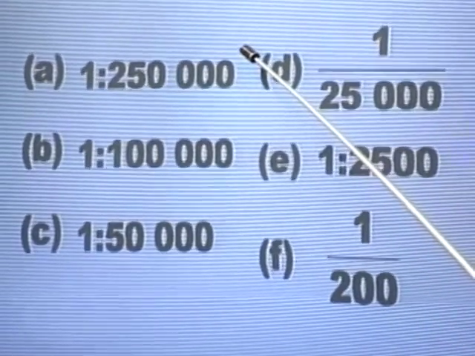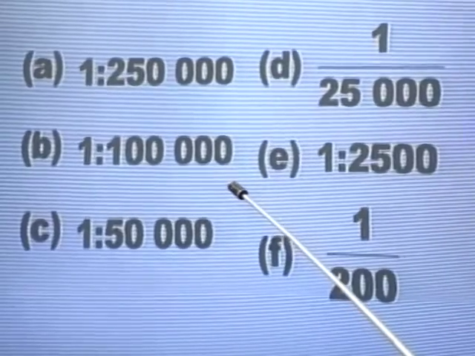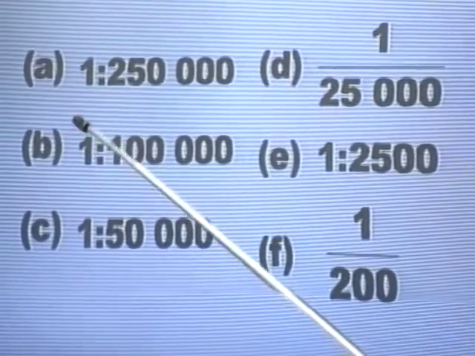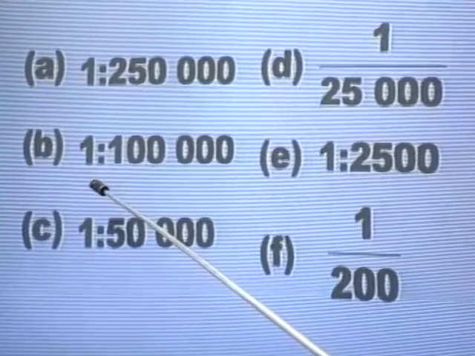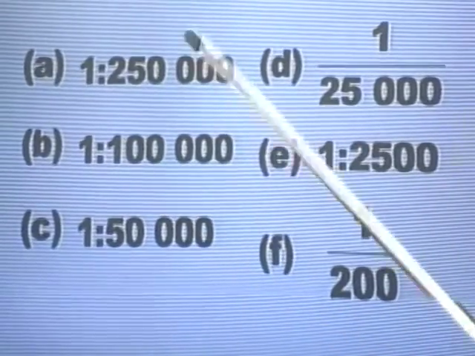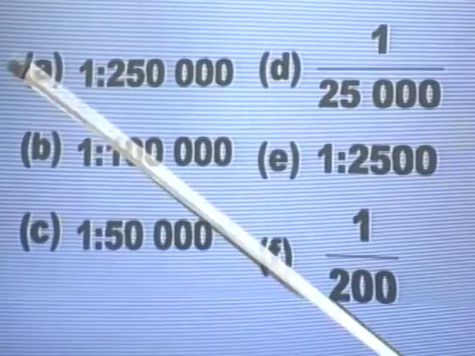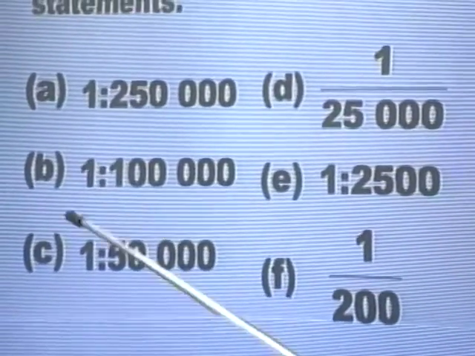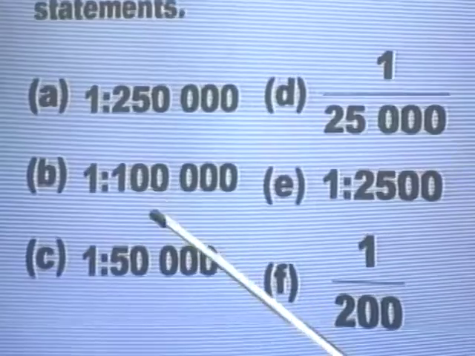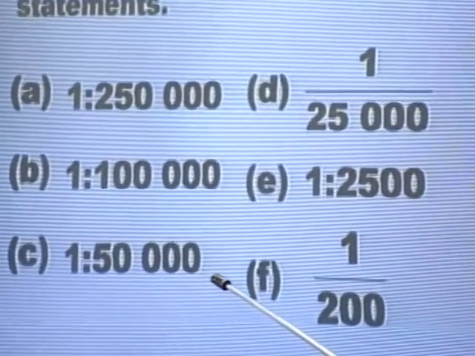And that would be the second way in which we can do that, without any converting, but using the same unit. A scale of 1 is to 100,000, you can also write as 1 centimeter is equivalent to 100,000 centimeters. Or a scale of 1 is to 50,000 can be written as 1 centimeter is equivalent to 50,000 centimeters.